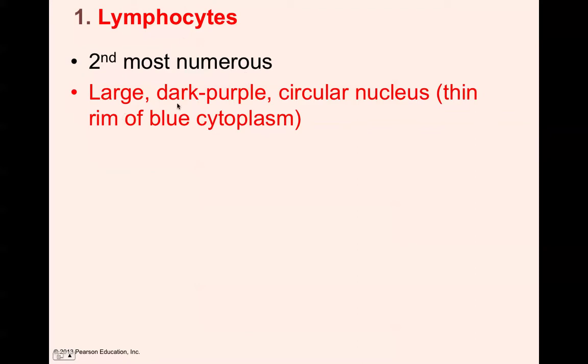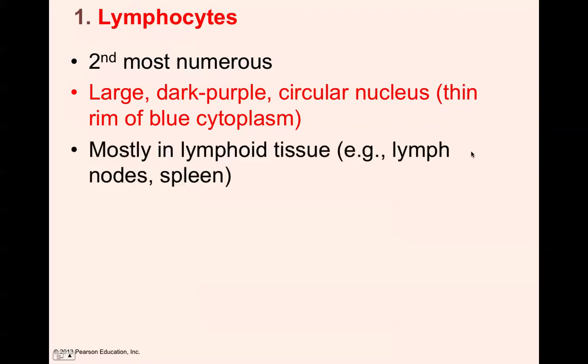It has a large dark purple circular nucleus with a very thin rim of blue cytoplasm. We see these mostly in the lymphoid tissue, hence the lymphatic system, lymphocyte. So we'll see a lot of these in the lymph nodes and the spleen, and they look like little purple dots because most of that cell is filled up with this dark purple nucleus.